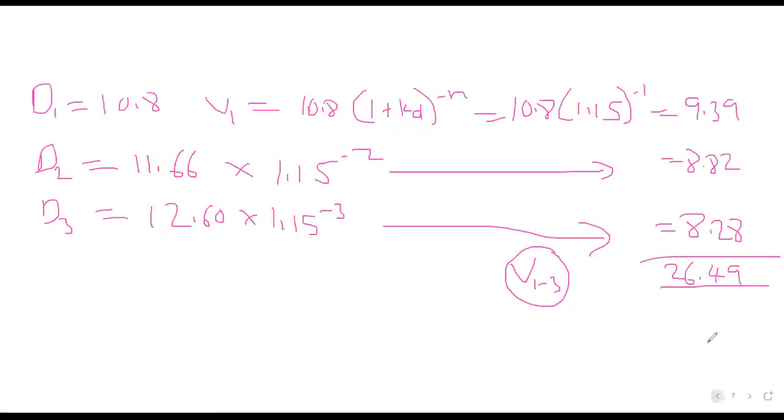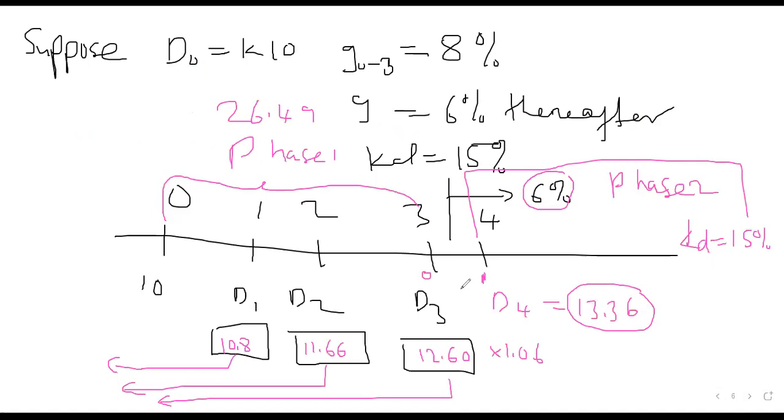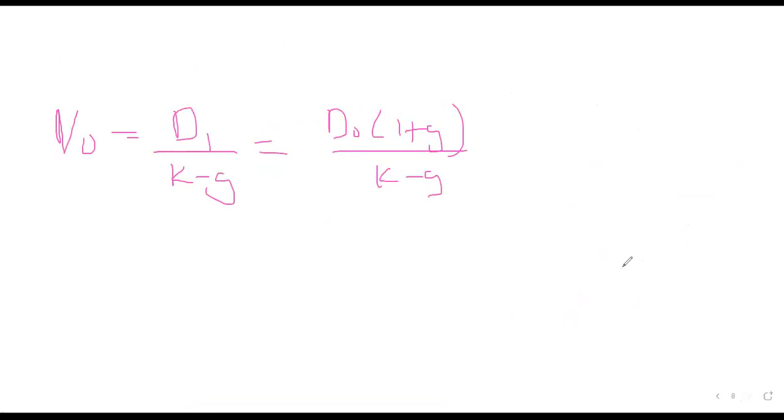So it means we recalculate our 13.36, which was what? Which was 12.60 plus 1. Then the growth rate has dropped from 8% to 6%. So this will be 12.60 times 1 plus growth, 1.06. Not 1.08 this time, but 1.06.